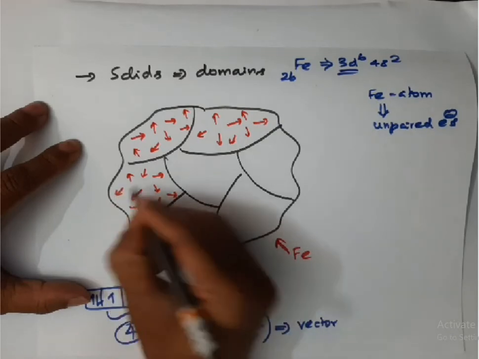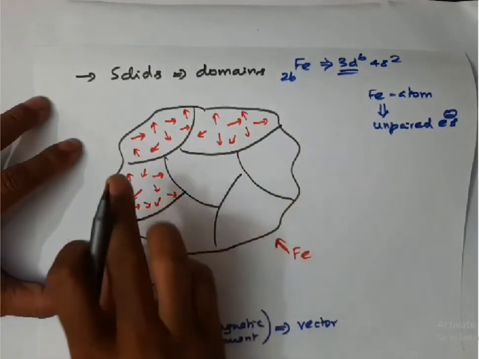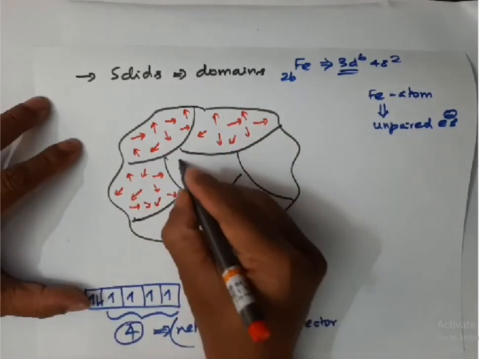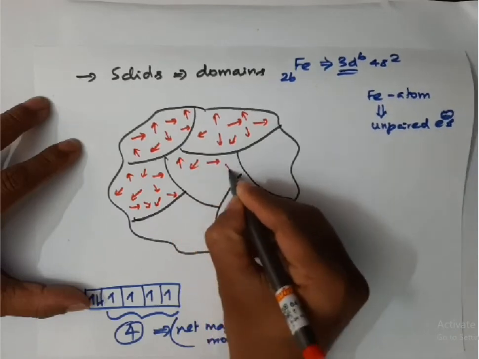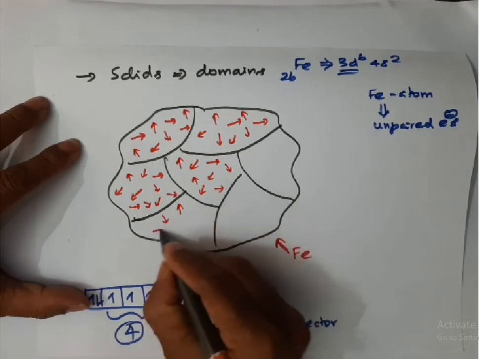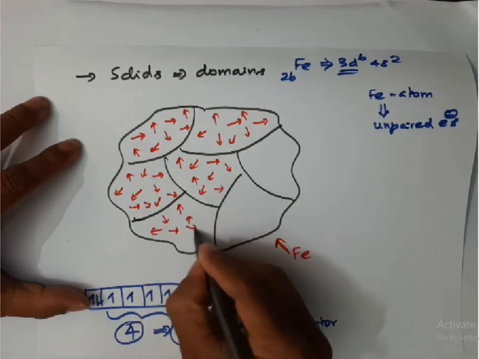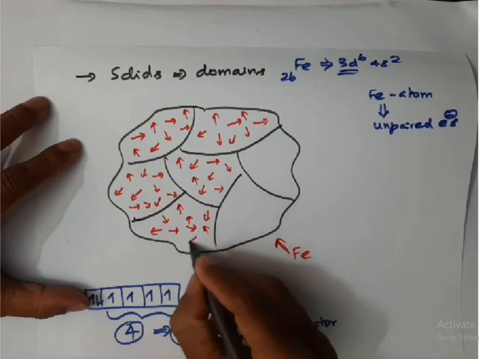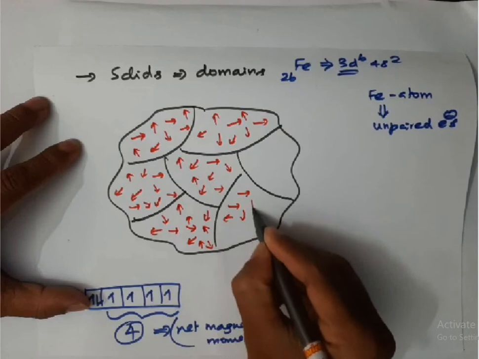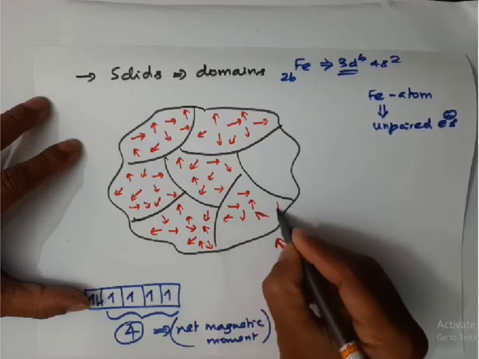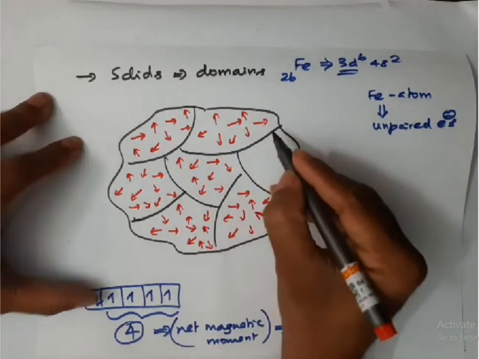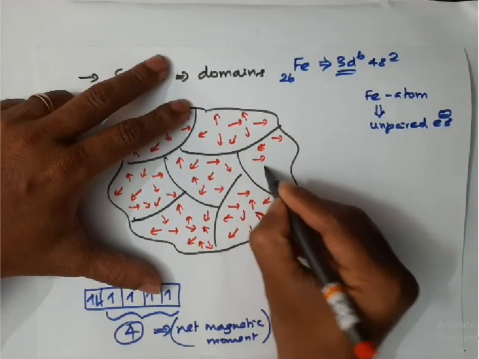In all these domains iron atoms are there, but I'm showing the net magnetic moment of the iron atom with an arrow mark like this, because magnetic moment is a vector. It is randomly oriented in all domains. The magnetic moments are completely random. I'm just drawing this randomly like this.